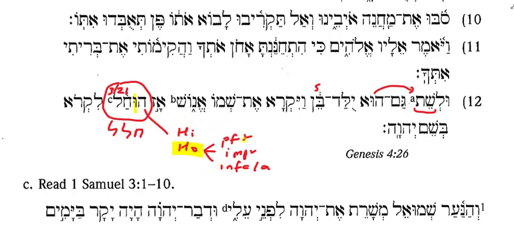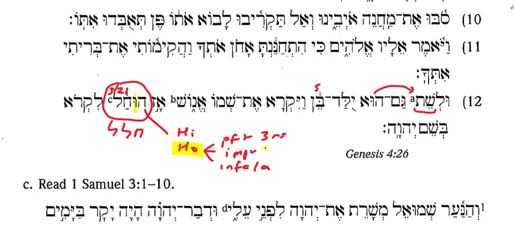I think it's best to take this as a hofal perfect with no ending, so it's 3ms. And what does halal mean in the hifil? To begin. In the hofal, to be begun. Okay? So it's going to be translated as something like, he or it was begun.